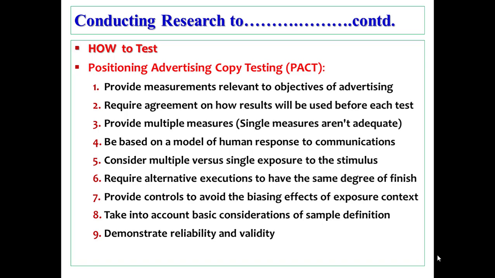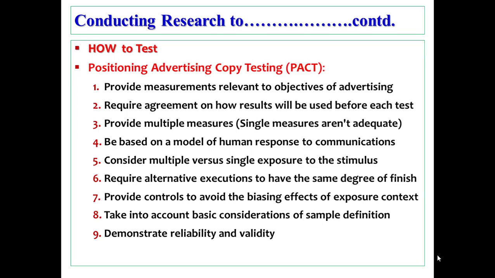When we are engaged to measure the effectiveness of advertisement, we have to use one of the models, whether it's traditional, the modern, or the cognitive one. When we see the first one, provide measurement relevant to the objective of the advertising, we have to set a measurement criteria which is related to the advertisement objectives.